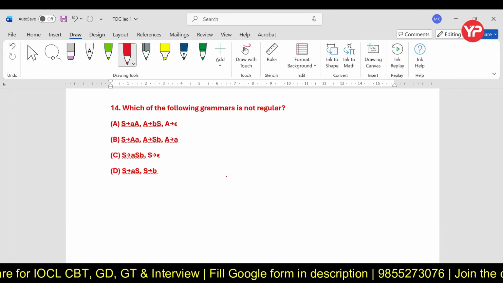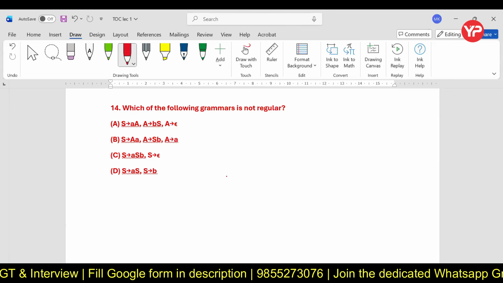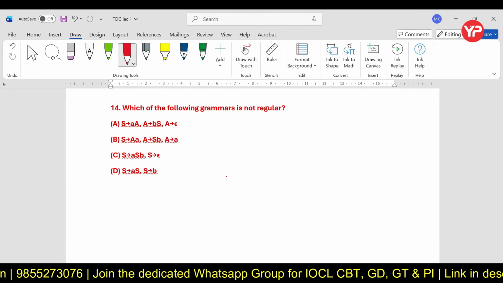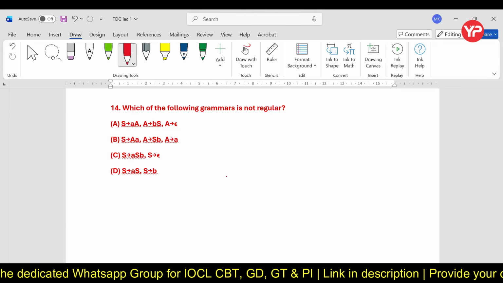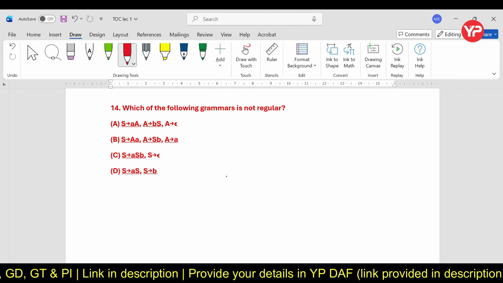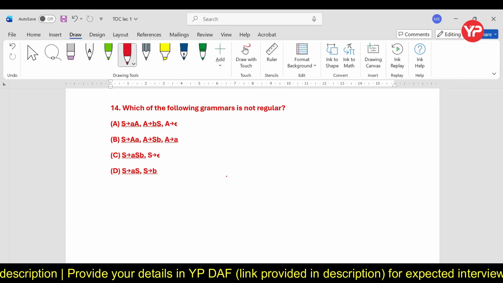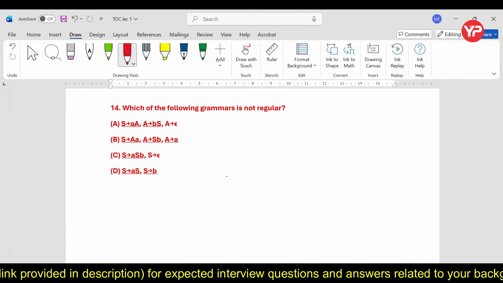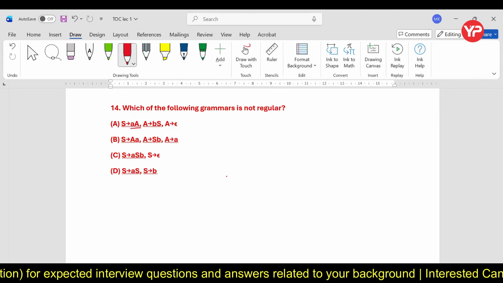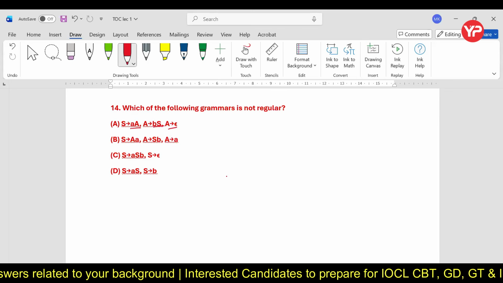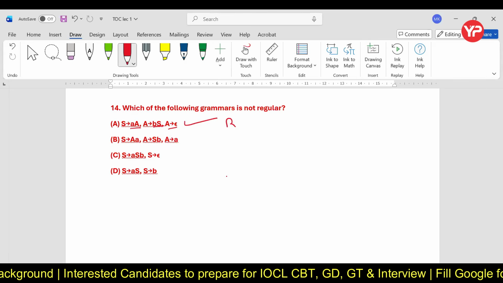Now you just need to check the syntax: which one follows the right linear grammar or the left linear grammar, my dear students? If I talk about the first one, the variable is at the right-hand side. This is right linear grammar.